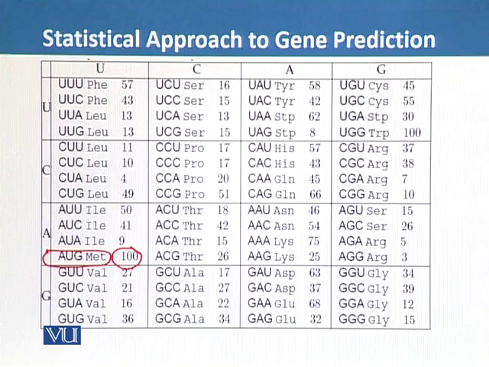The numbers next to each codon reflect the frequency of that codon's occurrence while coding for the amino acid.